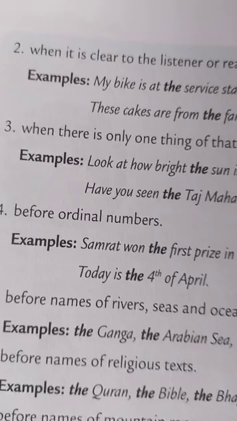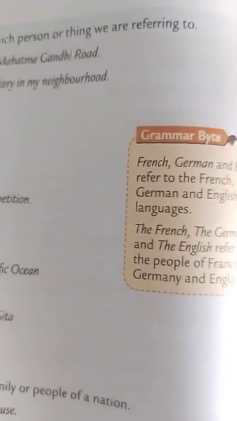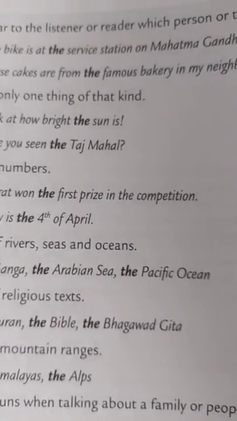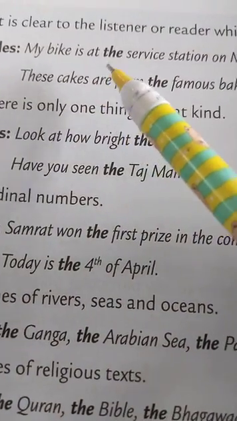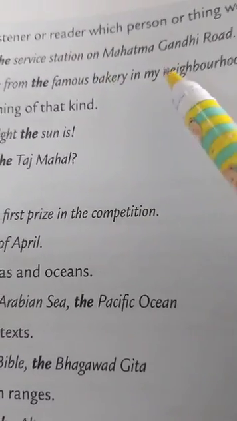We use article the, children, when it is clear to the listener or reader which person or thing we are referring to. When the reader or the listener knows which person the speaker is referring to, then also we use article the. For example, my bike is at the service station on Mahatma Gandhi Road.